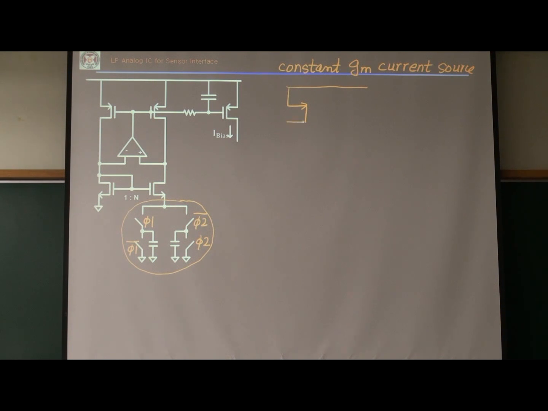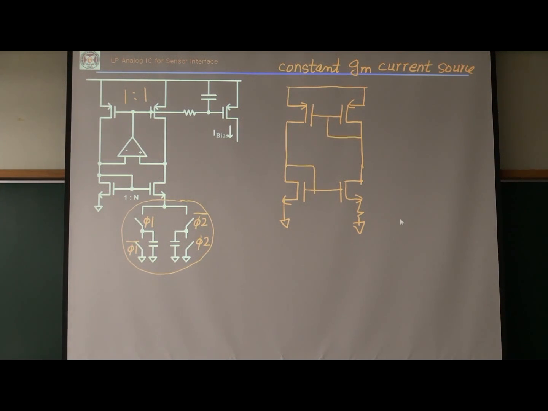This should be 1 to 1. I have two PMOS current sources there, and then I have an NMOS current source there. Something like that, right?